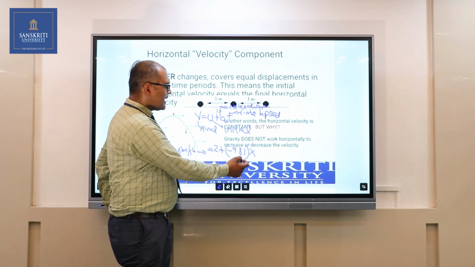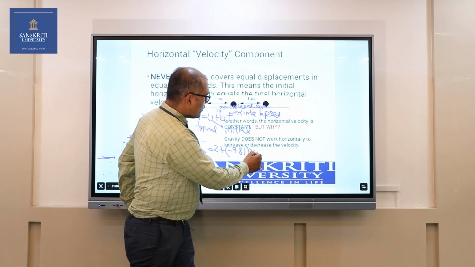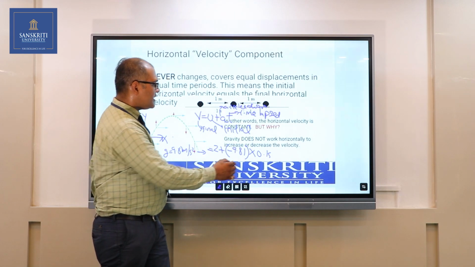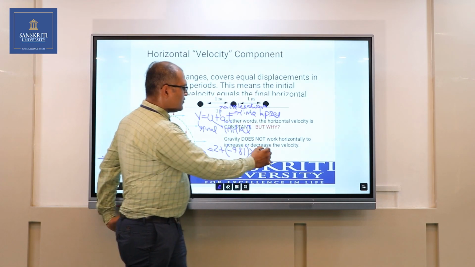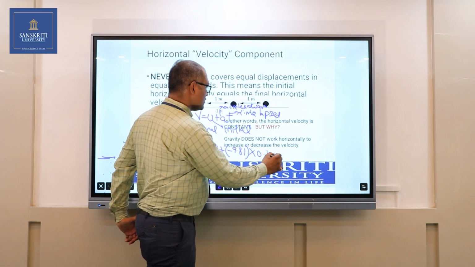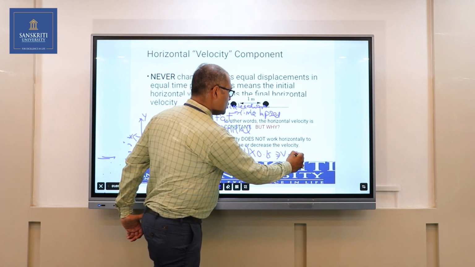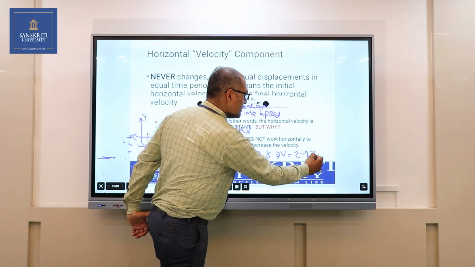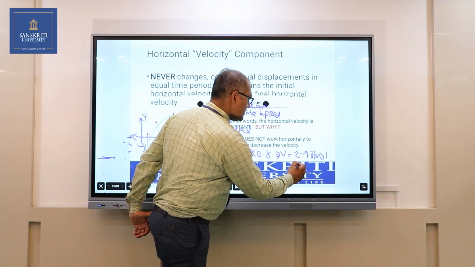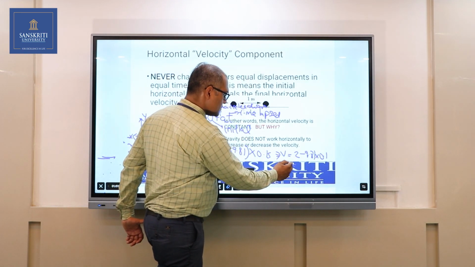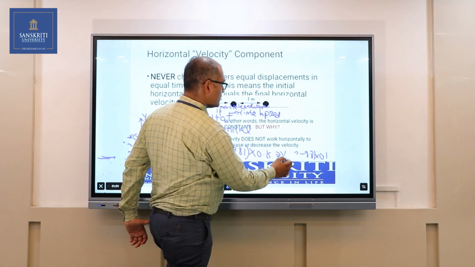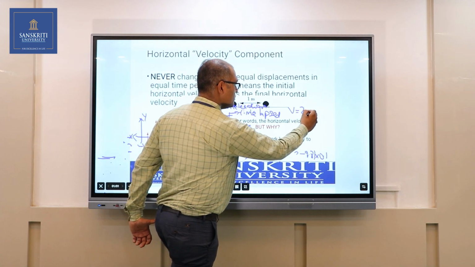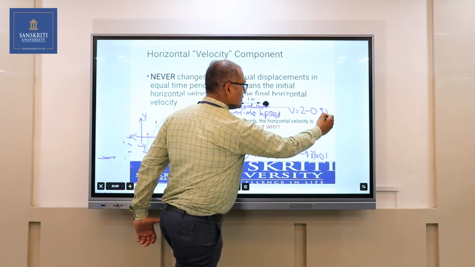Suppose the time lapsed is 0.1 second. So in 0.1 second, what is the final velocity becoming? V is equal to 2 minus 9.81 into 0.1, which is nothing but V is equal to 2 minus 0.981.